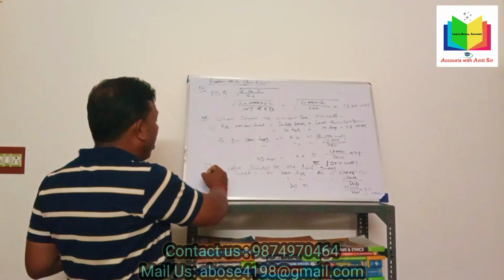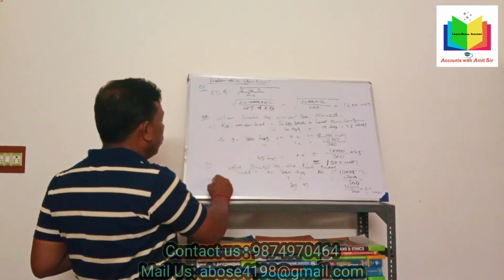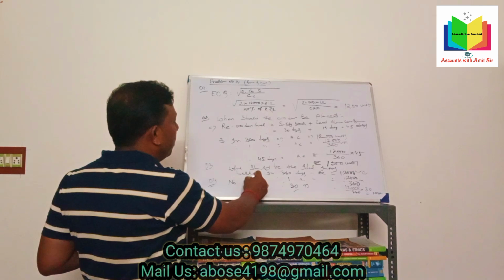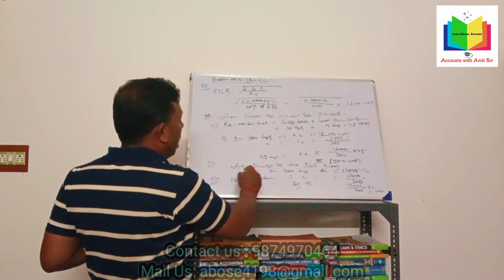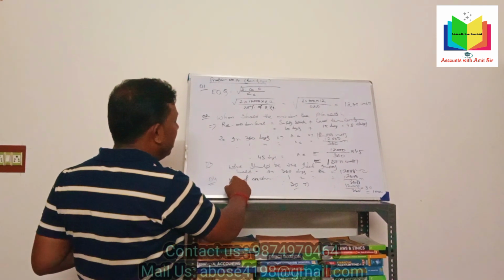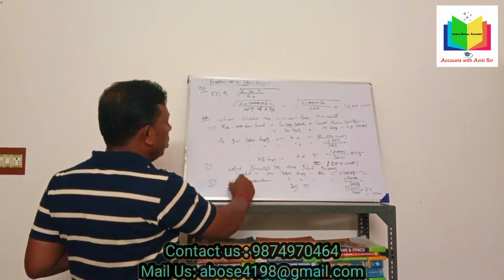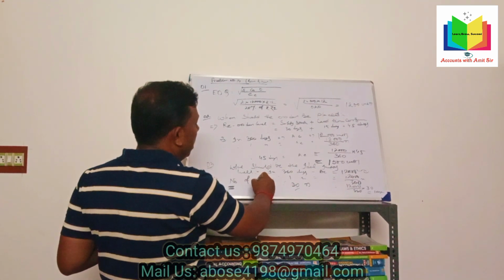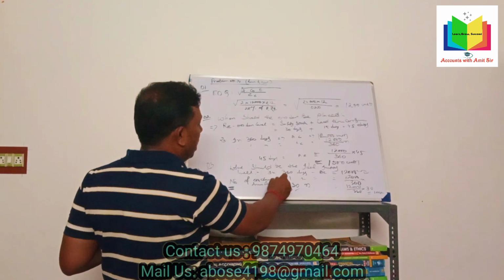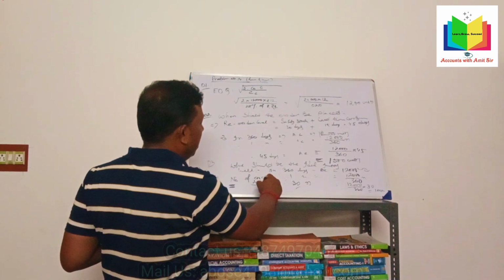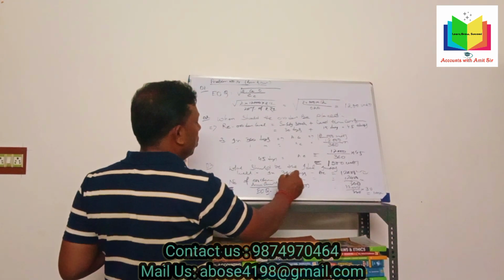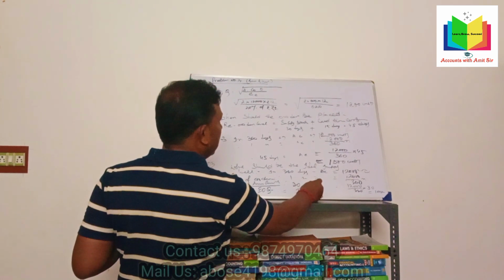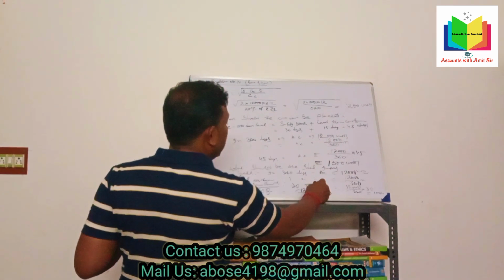At last we find out formula number 4, number of orders. In the earlier class I told you the formula of number of orders is annual consumption divided by EOQ.